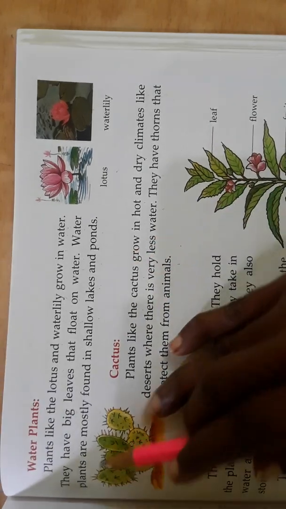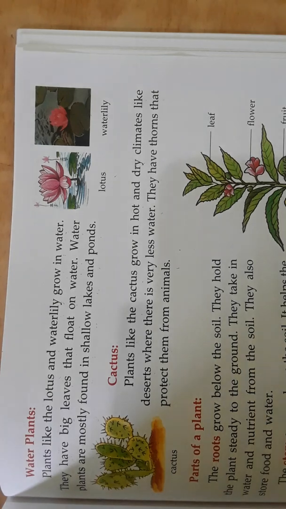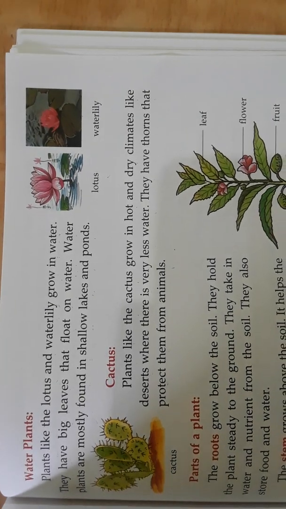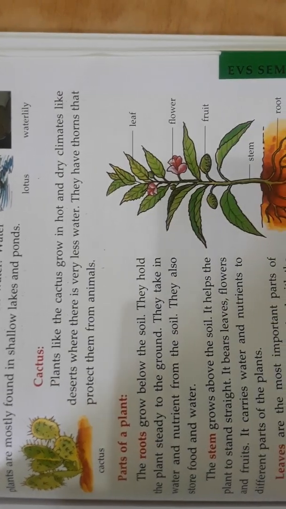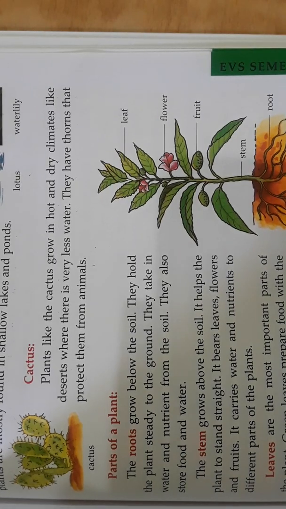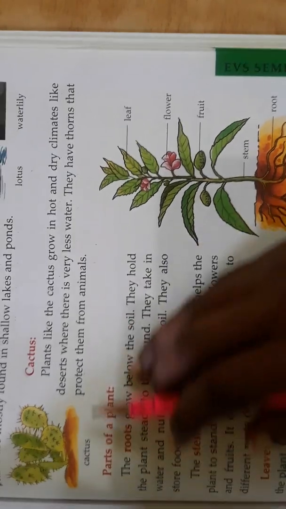Water plants are mostly found in shallow lakes and ponds. In village sites, if you go and see, you can see the lotus and water lily in the lakes and ponds.